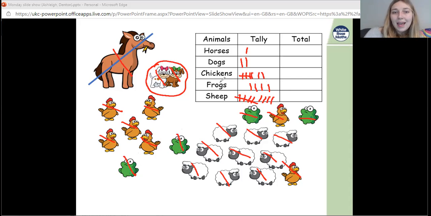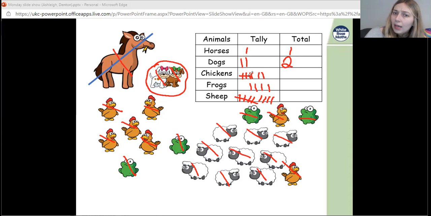So the next thing we need to do is add up the total for each of the animals. So that means I need to have a look at my tally marks and write the number of tallies. So if I look at horses, I have 1 tally mark, which means I have 1. Let's have a look at dogs. 1, 2 tally marks. Let's have a look at chickens.